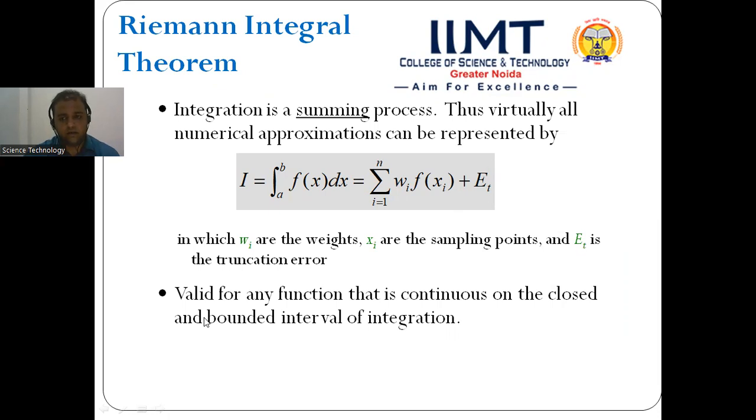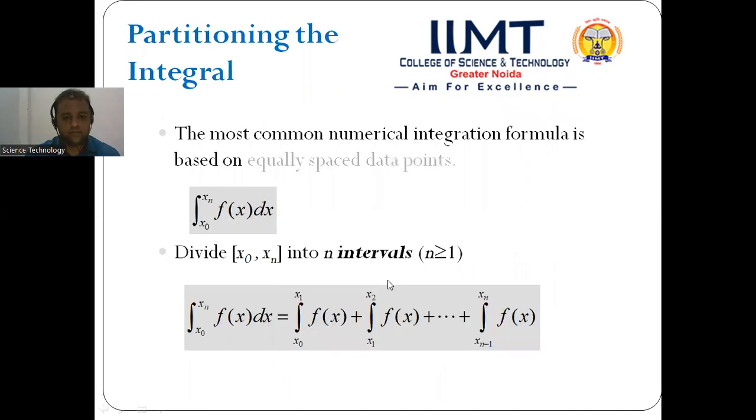And we have already discussed that area can be found for any valid function that is continuous on the closed and bounded interval of integration. Now, the partitioning of the integral. The most common numerical integration formula is based on equally spaced data points.